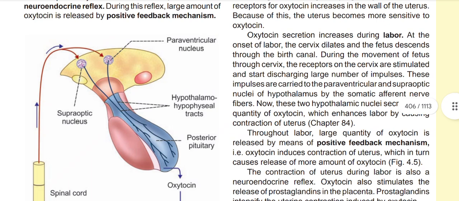During the movement of fetus through the cervix, the receptors on the cervix are stimulated and start discharging large number of impulses. These impulses are carried to the paraventricular and supraoptic nucleus of hypothalamus by the somatic afferent nerve fibers. Now, these two hypothalamic nuclei secrete large quantity of oxytocin, which enhances the labor by causing contraction of uterus.